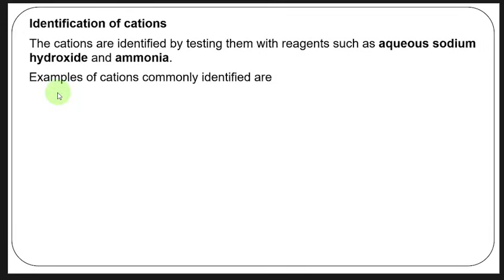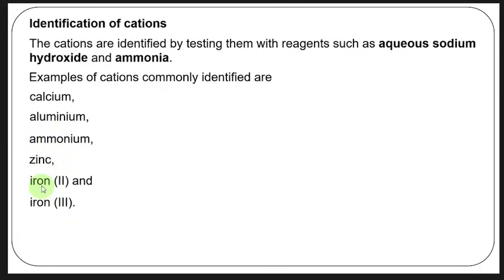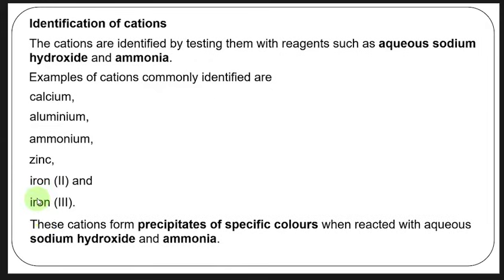Alright, so examples of cations commonly identified are calcium, then aluminium, then ammonium, zinc, iron 2 and iron 3. Alright, so these cations form precipitates of specific colors when reacted with aqueous sodium hydroxide and ammonia.